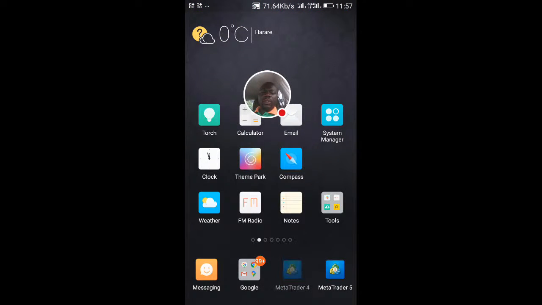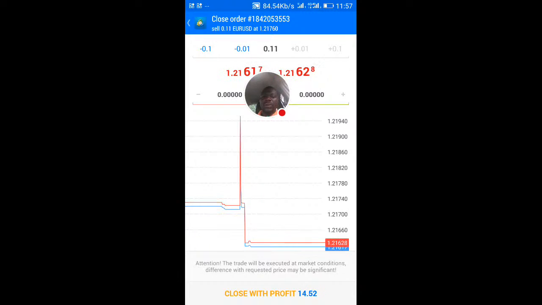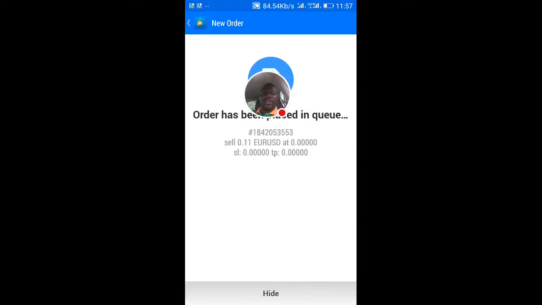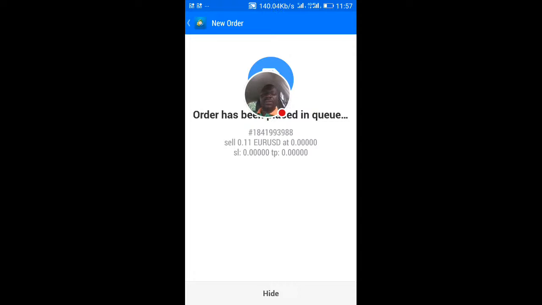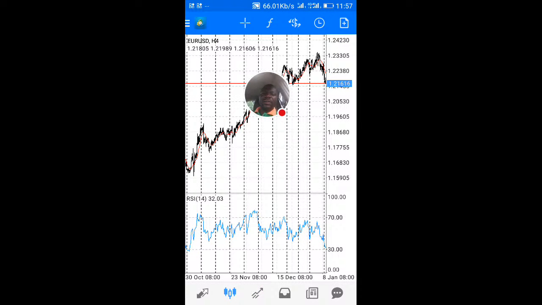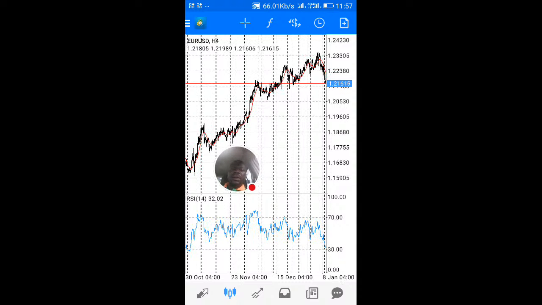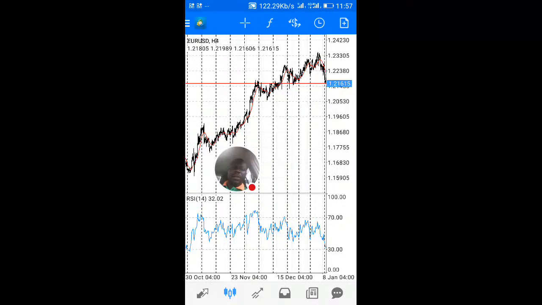So let me move on to MT4. There's something there. I think I need to close also and wait. And I can go back to the charts to see, is it still safe to enter some other trades? This is the MT4, H4, and it is also showing that it will keep on moving.